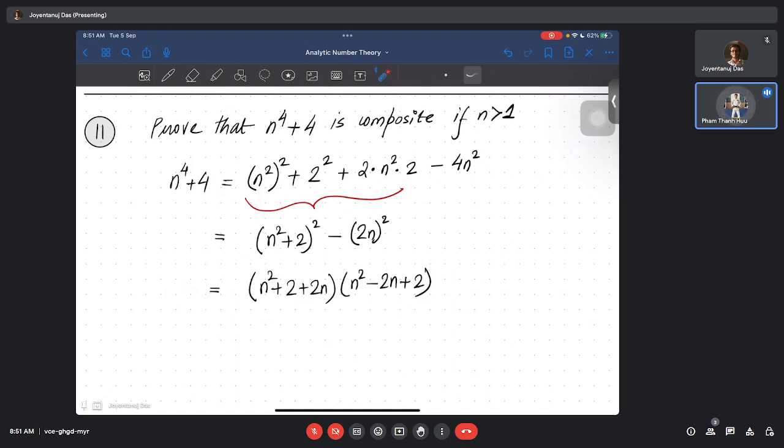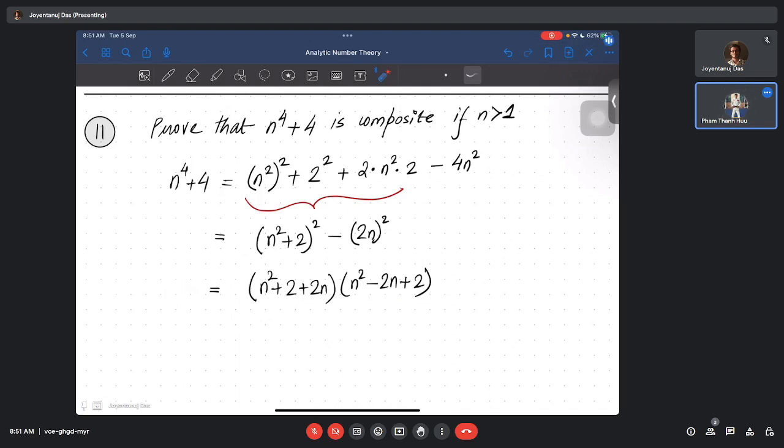This is the factorization, so you just have to prove that each term is greater than 1.